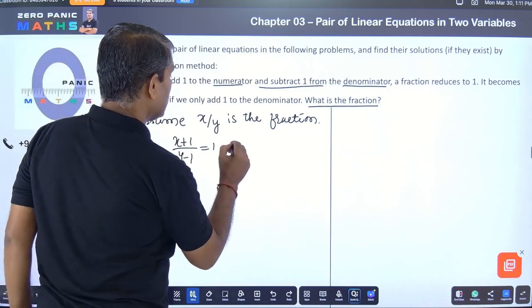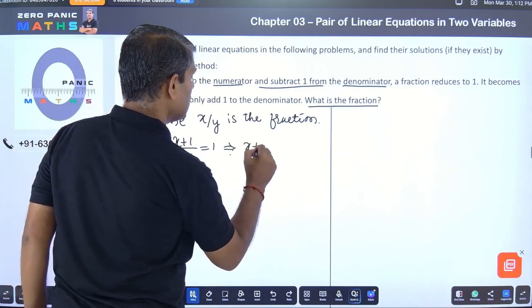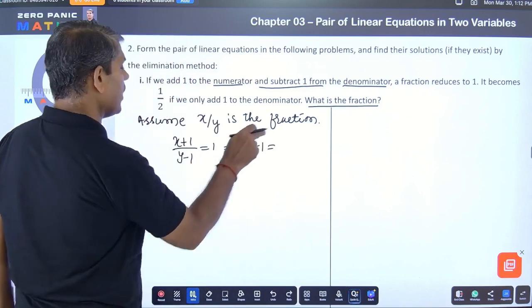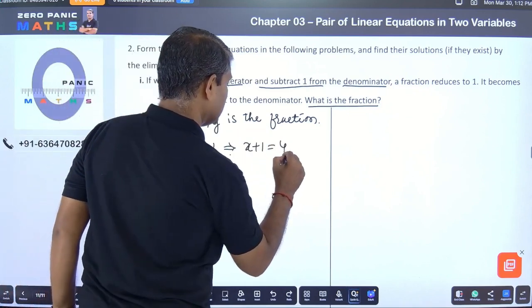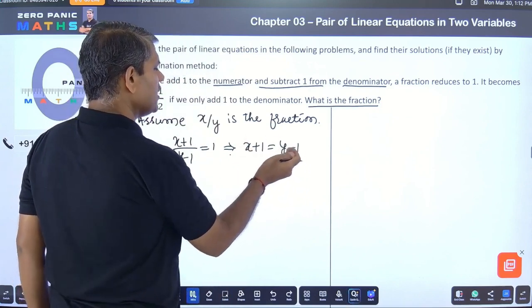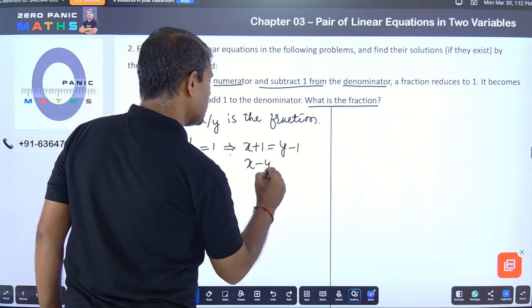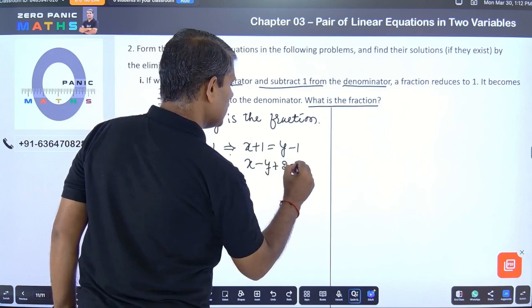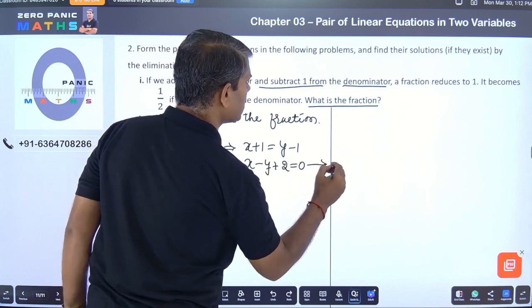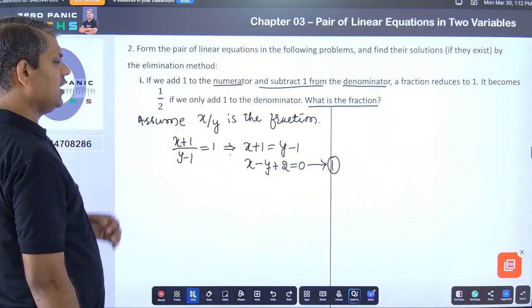So what does it reduce to? x plus 1 is equal to, take y minus 1 to that side, that will give me y minus 1. Take minus 1 and y to this side, that will give me x minus y plus 2 is equal to 0. I can consider this as equation 1.